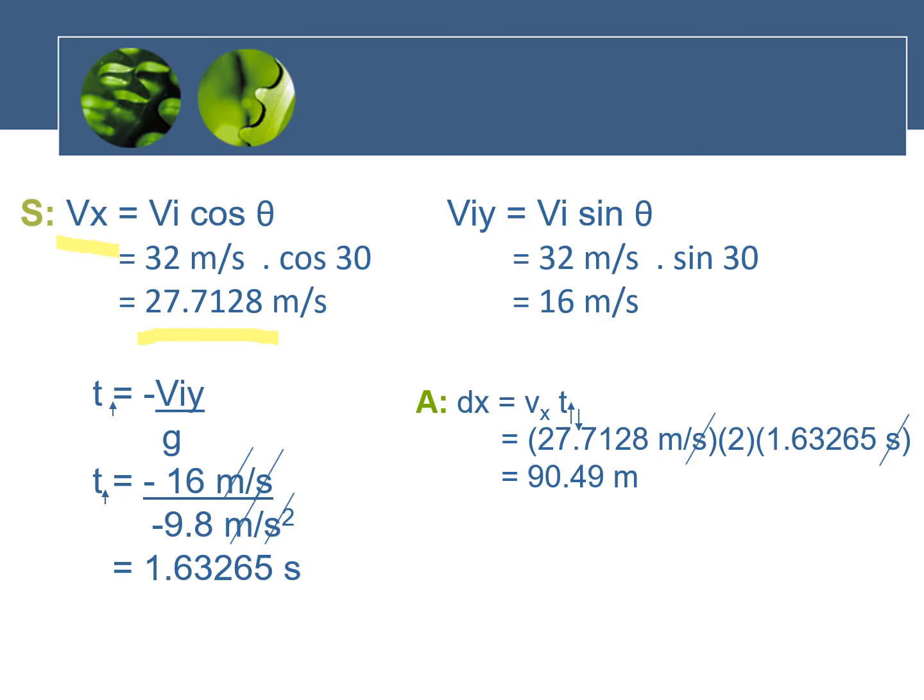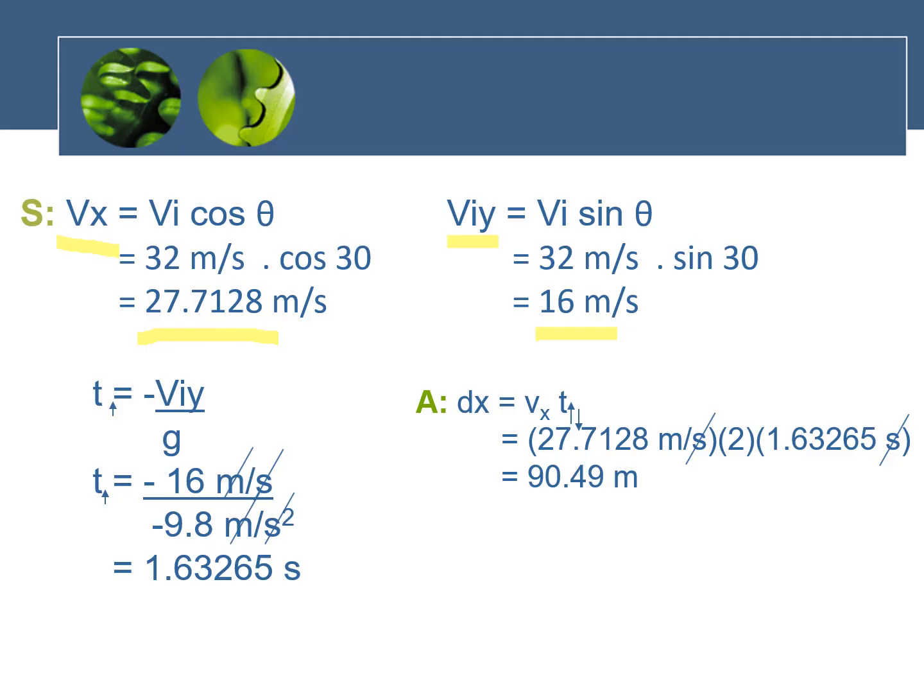27.7128 meters per second. And we need to solve the initial vertical velocity using the equation V initial times sine theta. And the answer is 16 meters per second. Now, you need to solve for the time it takes for the projectile to reach the maximum height and go back to the ground. So in order to solve for the range, you need to solve first for the time.